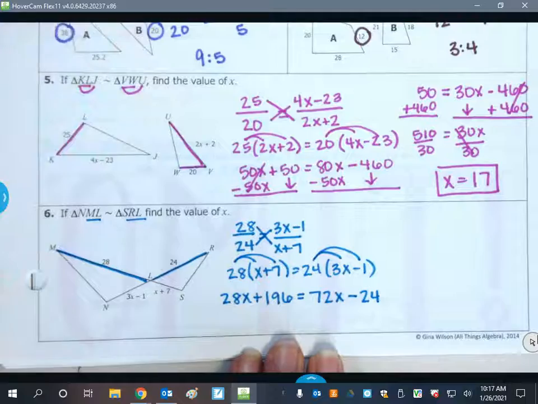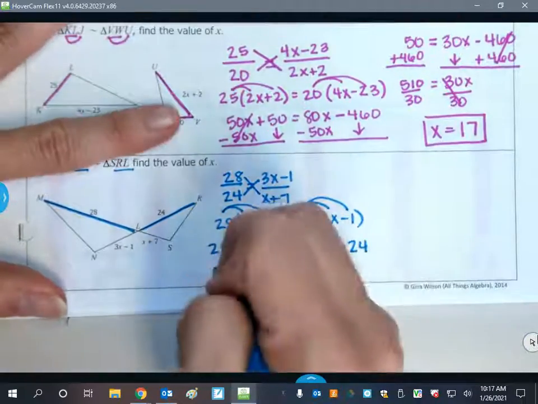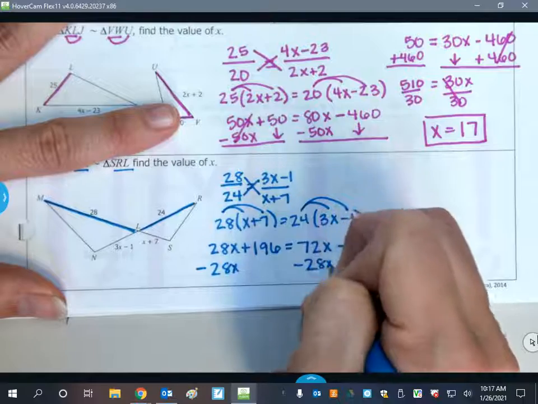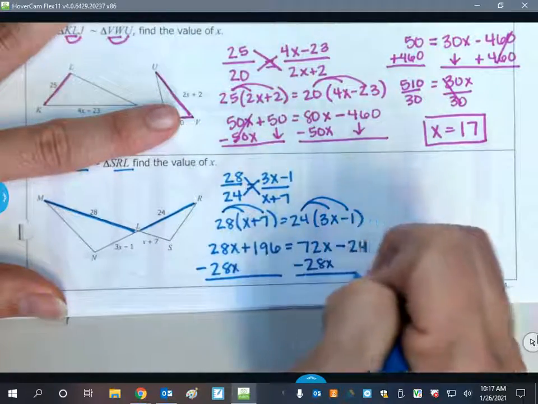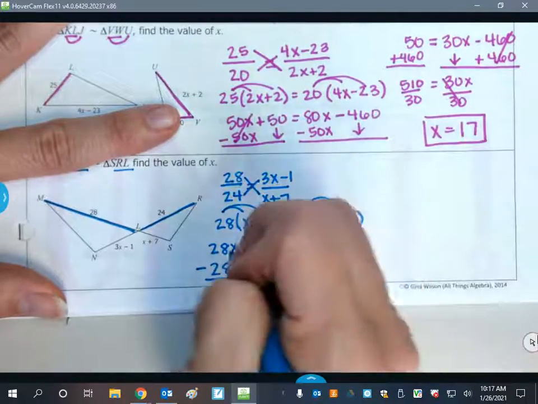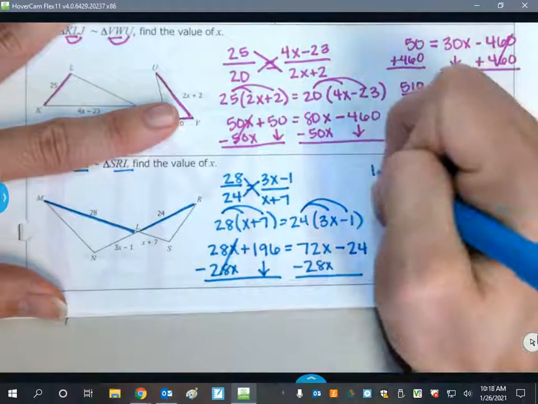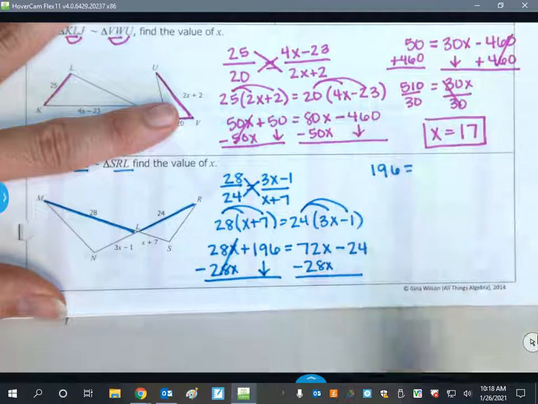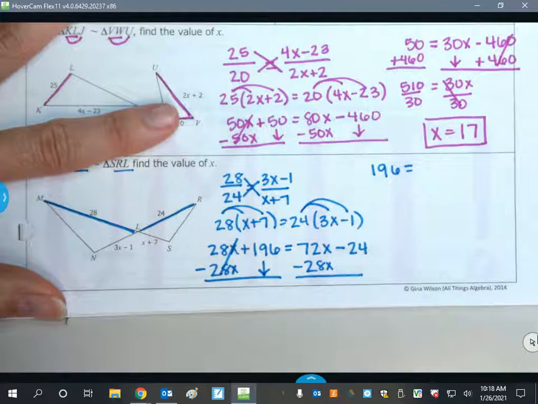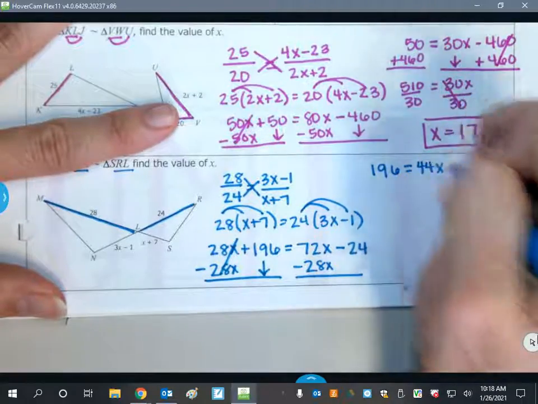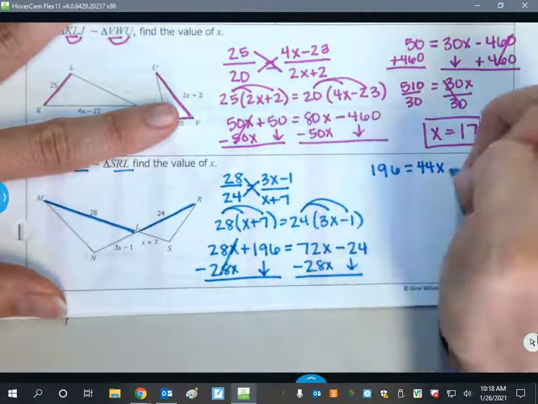Again, I always choose to move my smaller x, so I'm going to subtract 28x from both sides. I'm going to write that up here so I have more room. Those go away. My 196 comes down, equals 72x minus 28x is 44x. And my minus 24 comes down.